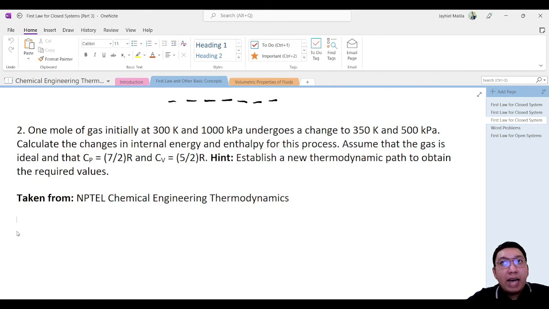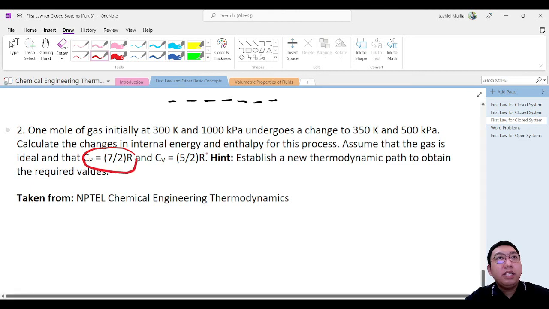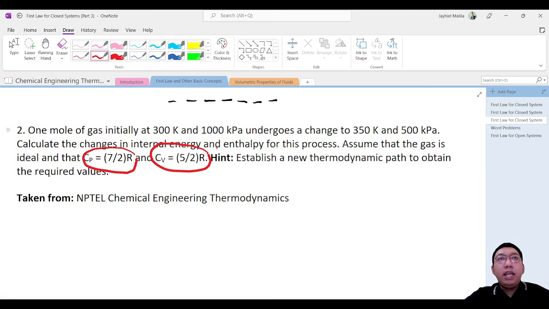Assume that the gas is ideal and that the heat capacity at constant pressure, which is called the CP, here is 7 over 2 multiplied to R, and the CV, or the heat capacity at constant volume, is 5 over 2 multiplied to R. One of the ways to easily solve the problem is to establish a new thermodynamic path to obtain the required values.